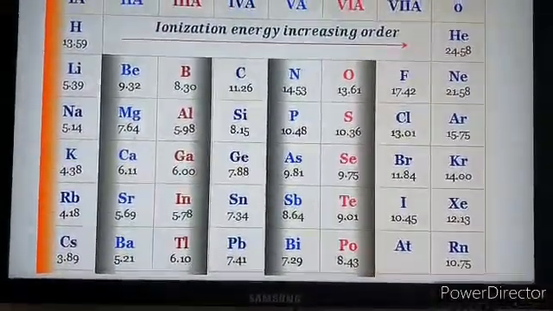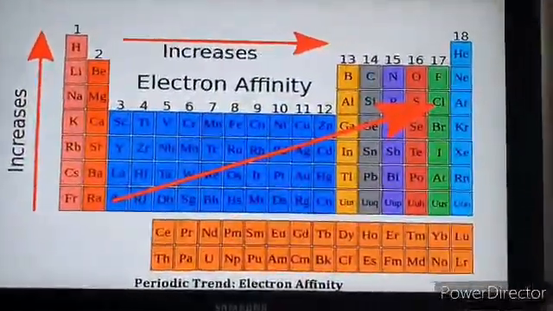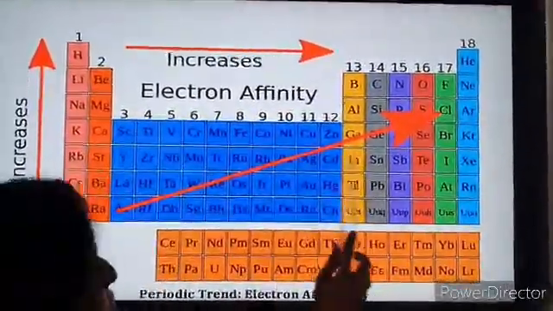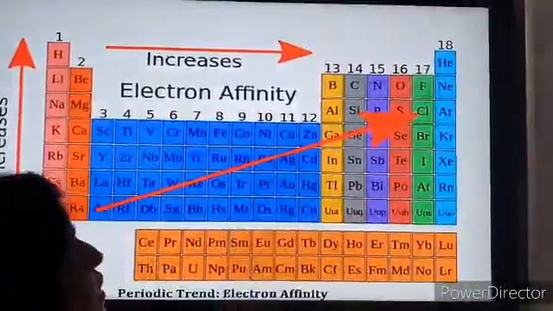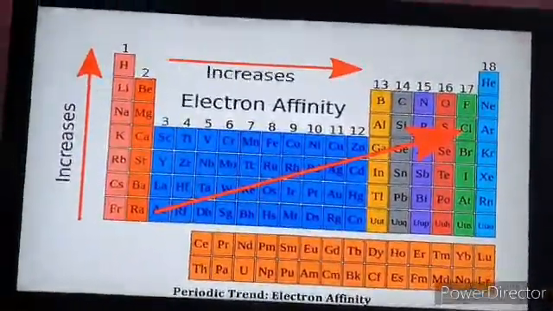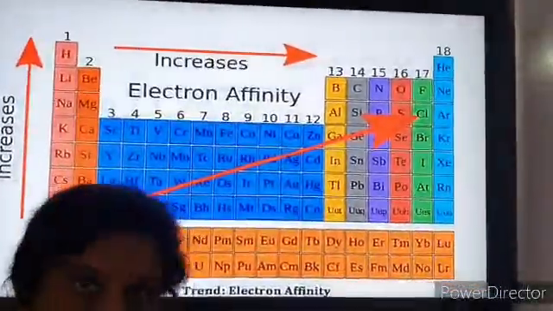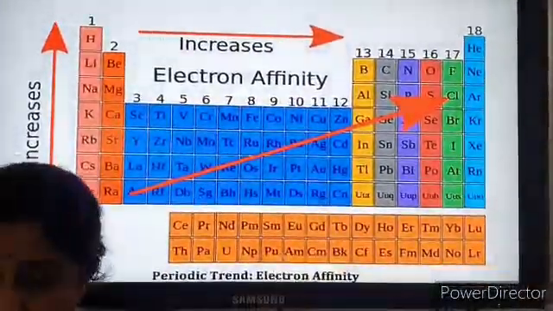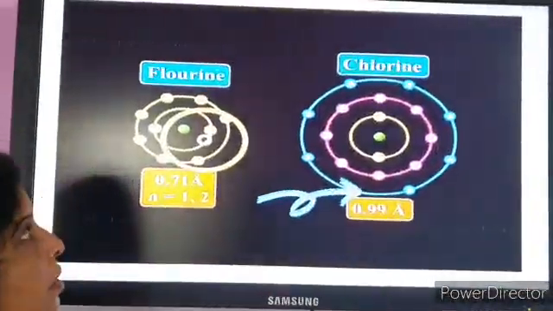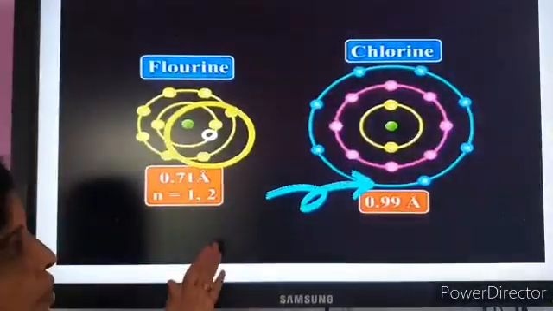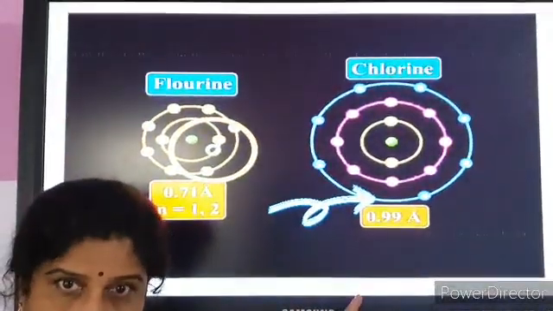So let us look at the next property, electron affinity. So electron affinity also increases when you move from left to the right in a period, and it decreases from top to the bottom. And the factors which influence ionization energy, same factors also influence electron affinity. Now these two elements, fluorine and chlorine, they belong to the same group, 7th A group.